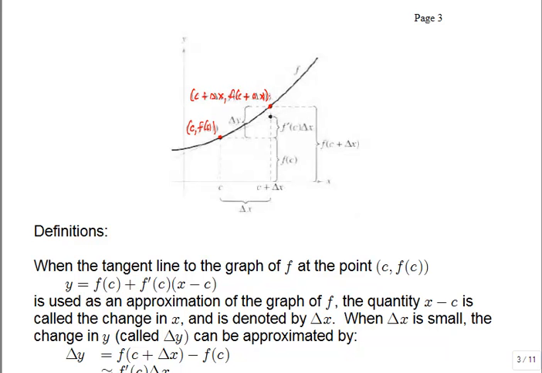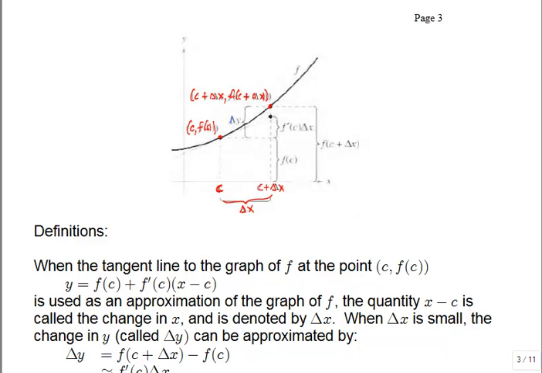So first of all, delta x is this horizontal change between those two x values, c being the good point and c plus delta x being the point that's slightly farther away. So delta x is that horizontal change. Now what we want to know about is how far apart these y values are, and that is called delta y.